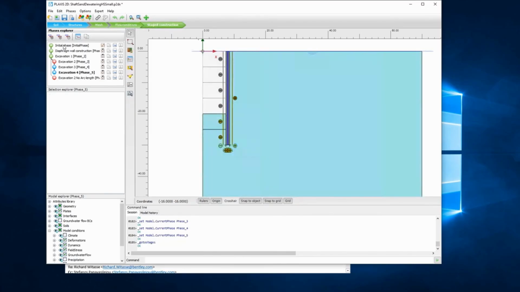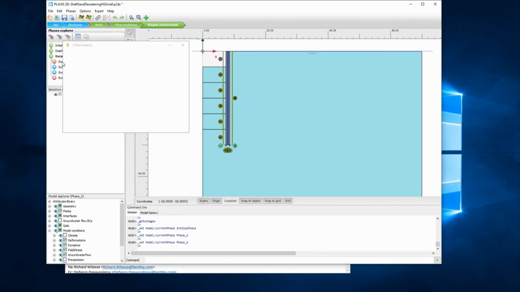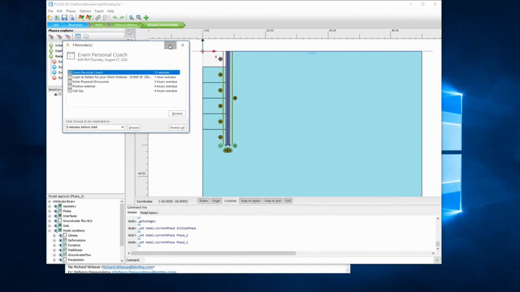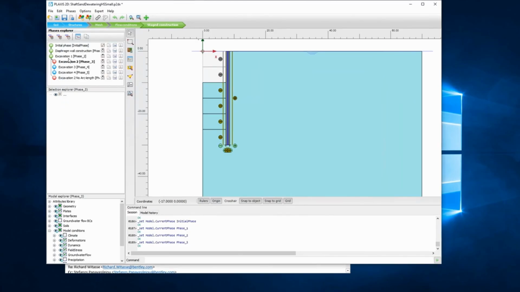For the sake of speeding up the process, the calculation has already been run, but I can tell you the process is very short. It could be run very rapidly, and what you would see is that at phase number 2 here, I already observe a divergence. It's not working.